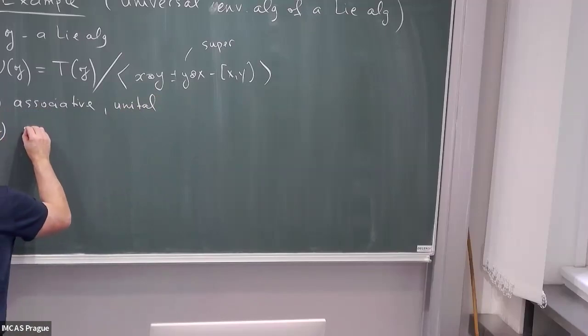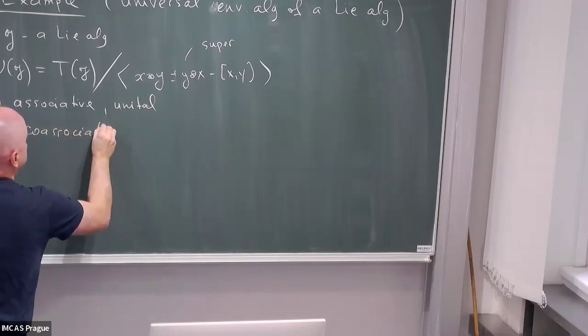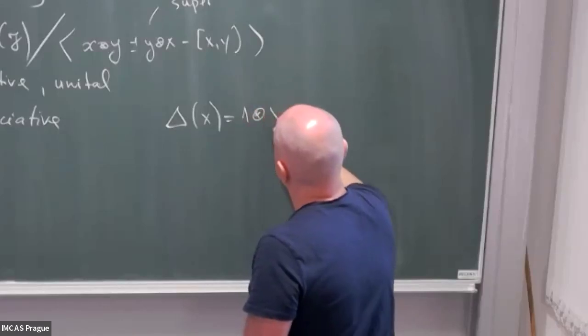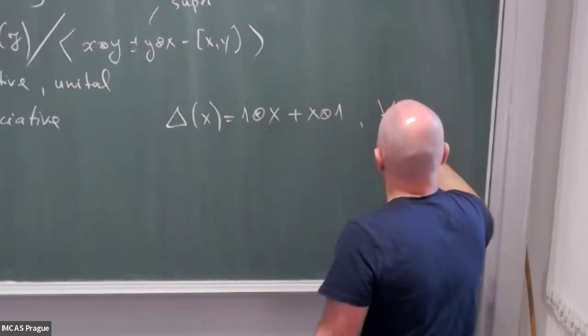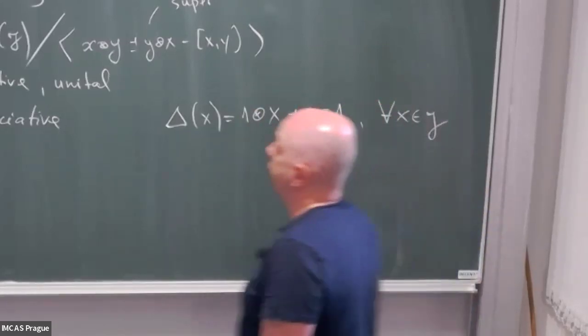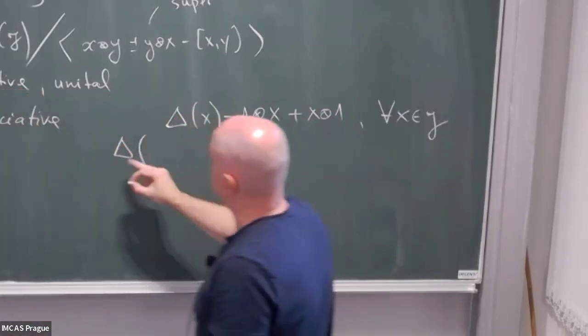Second, it's also co-associative. And there is a co-multiplication, delta, which is generated as follows. So delta of X equals 1 tensor X plus X tensor 1 for any X in g. And then we extend this by use of the compatibility with the product.